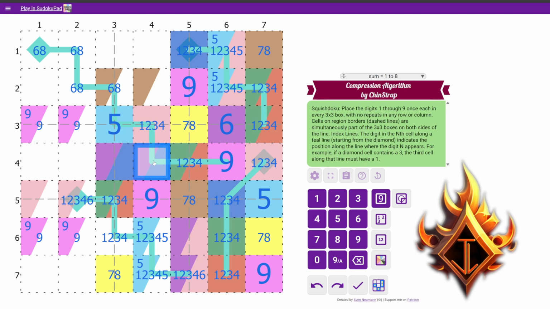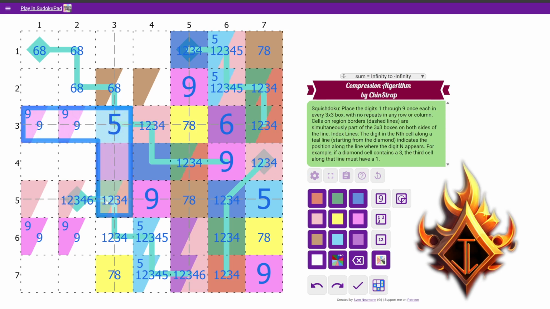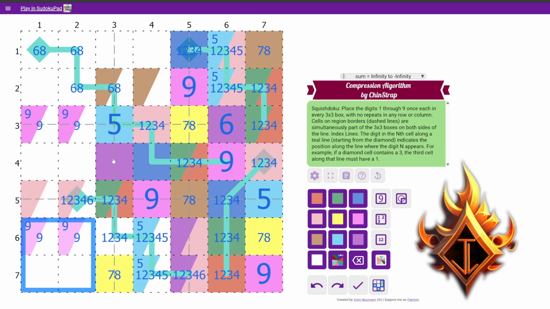This can't be dark purple, because that would have to be 7. So that is dark blue. And this is dark purple. And now dark purple has found its way into this box. It needs to be down here somewhere. And that cannot be 6.